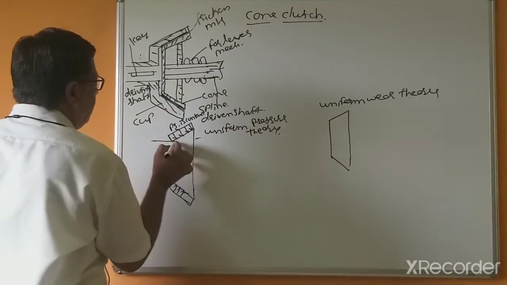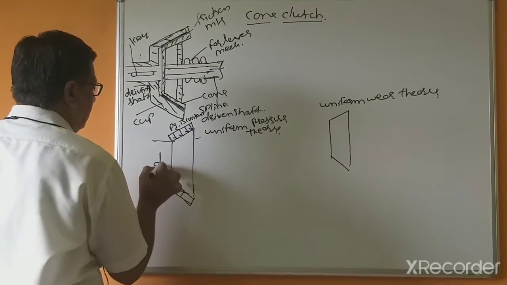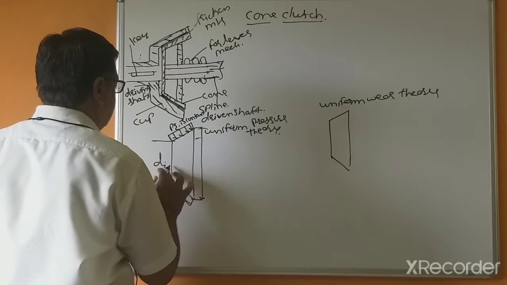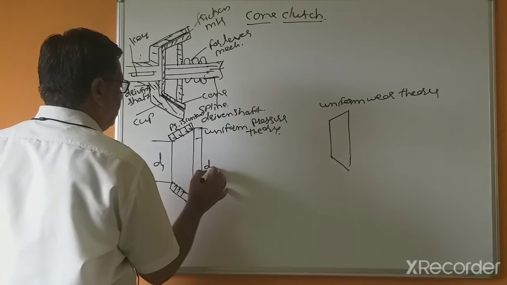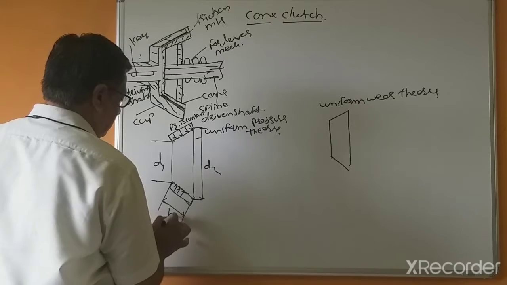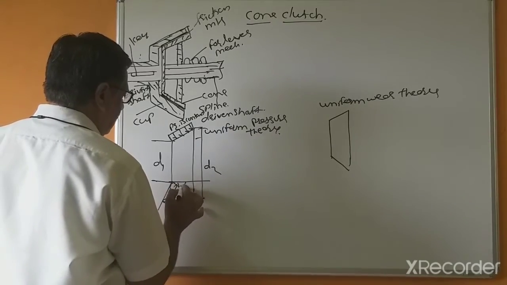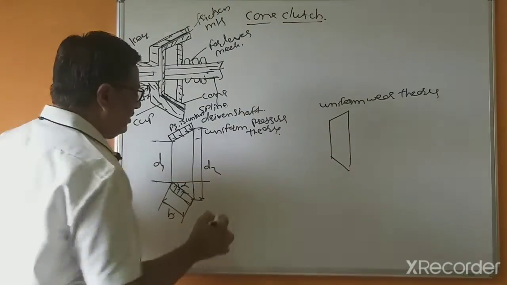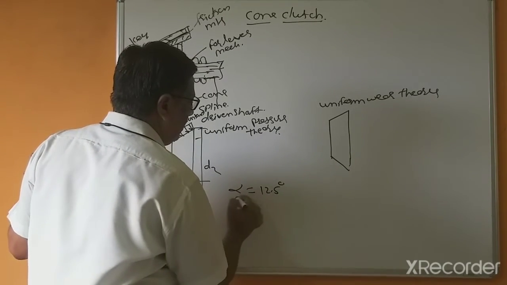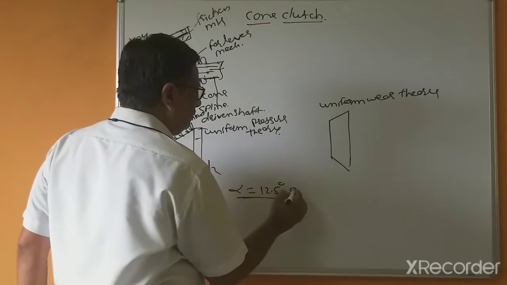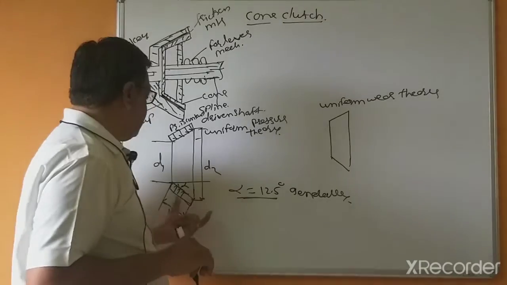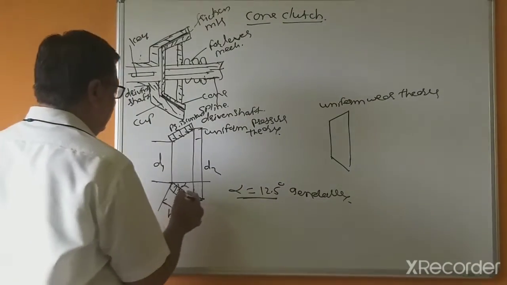In the uniform wear theory, here this is the inner diameter, this is the outer diameter, or you can say this is D1 and this is D2, this is face width B and this is angle alpha. This inclination angle is generally 12.5 degrees.